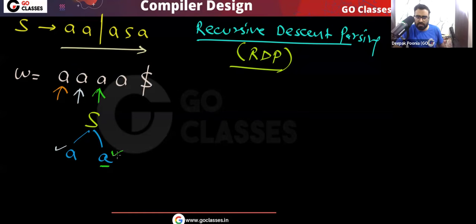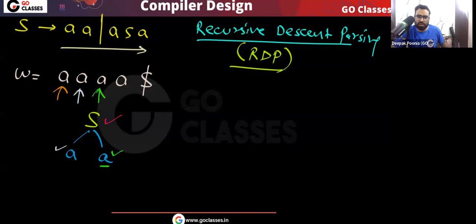Now notice one very interesting thing: from this S's point of view, this S is thinking that all my branches are successful, so I am also successful. This S is thinking that this production is successful. And tell me one thing, if this production is successful, will we ever try the next production?